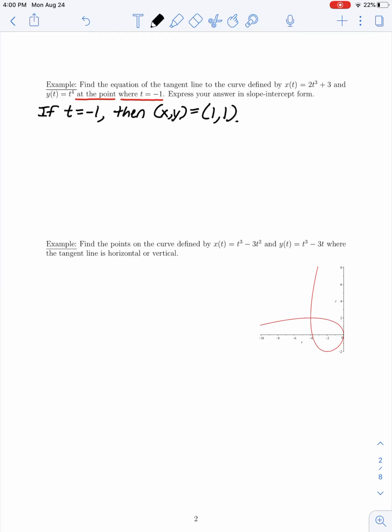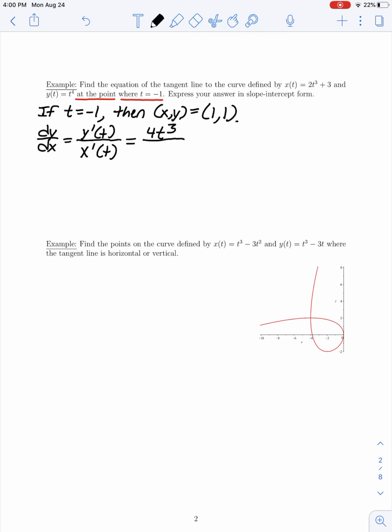And we also need the slope of the tangent line, which is our derivative, dy/dx, which, using our new theorem, is found by taking the ratio y prime of t over x prime of t. So here, our numerator, y prime, is 4t cubed.